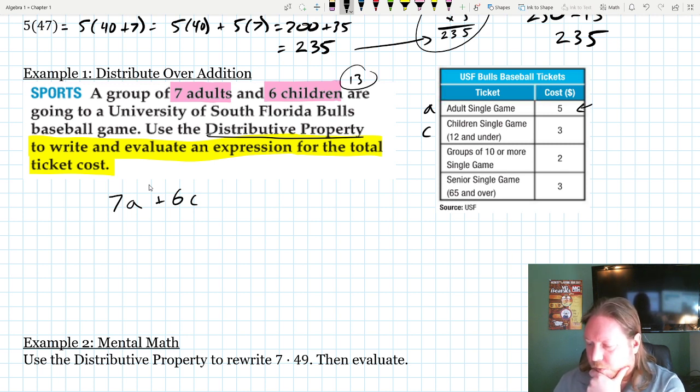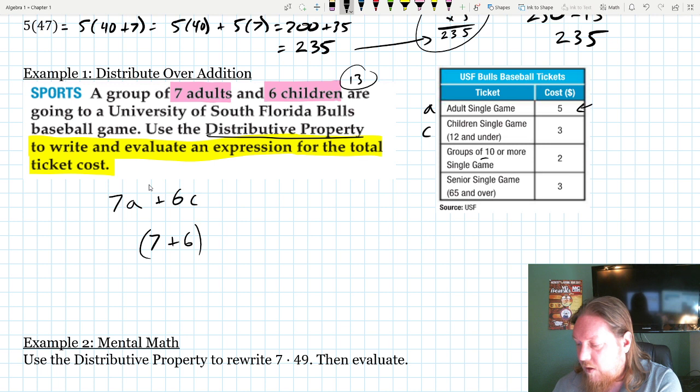If I notice I've got a group of 13 here, which is more than 10, now I know that I have the group price. So I have 7 adults and 6 children, and how much does each one of those tickets cost if they have a group of 10 or more? They cost $2.